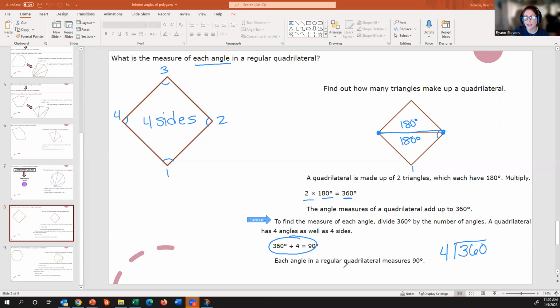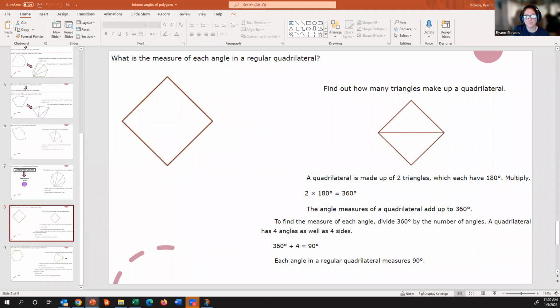So that means each angle in a regular quadrilateral, so that means all of the angles are the same, that's going to tell us that each angle measures 90 degrees, okay? If it says regular, if it's asking you how much each angle is equal, they're probably going to be equal to the same amount.